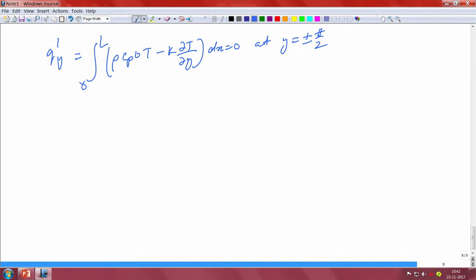So, this is both impermeable plus adiabatic; it encompasses both the conditions, that means you use both the parameters.